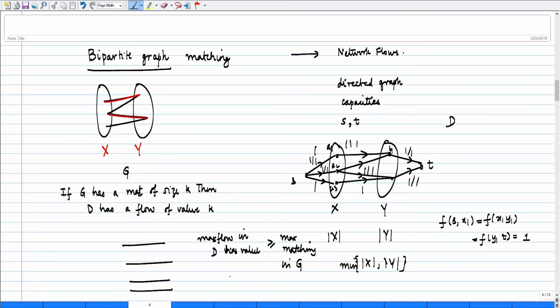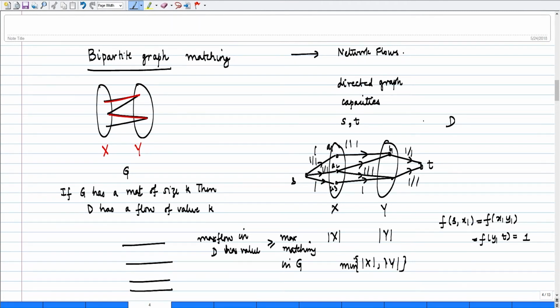Okay, so what is the remaining part? If I give you any flow in this network, you must be able to convert it into a matching of the same value. So whatever is the value of the flow, you are going to convert it into a matching of the same size, right. So again, what is the natural procedure?